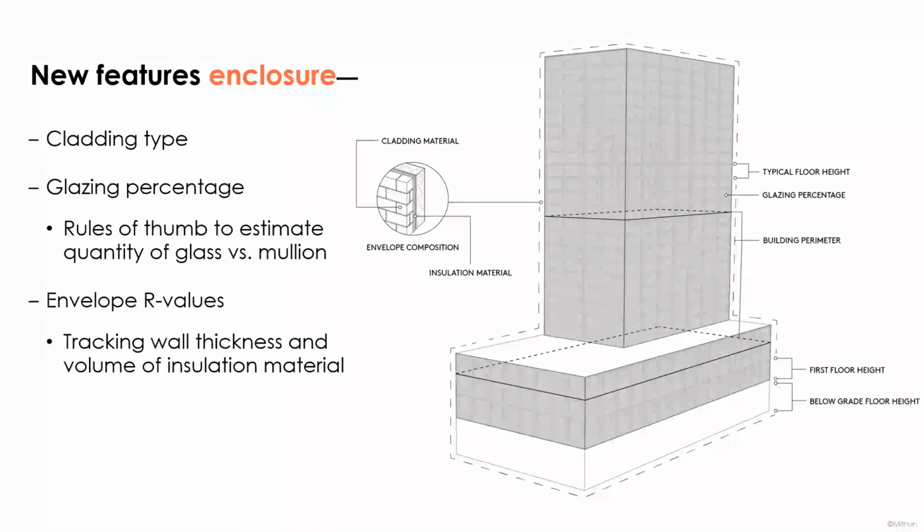This is one place where a thicker envelope might help your operational energy, but you're also going to have a higher carbon footprint. So being able to compare those numbers might be useful.